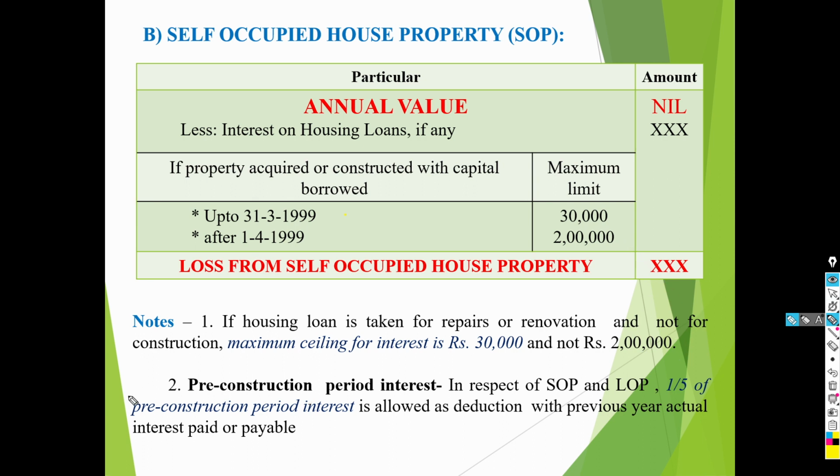And second note is pre-construction period interest. In case of pre-construction period interest, in respect of self-occupied house property as well as in respect of let-out house property, 1/5 of pre-construction period interest is allowed as deduction along with the previous year's actual interest paid or payable.